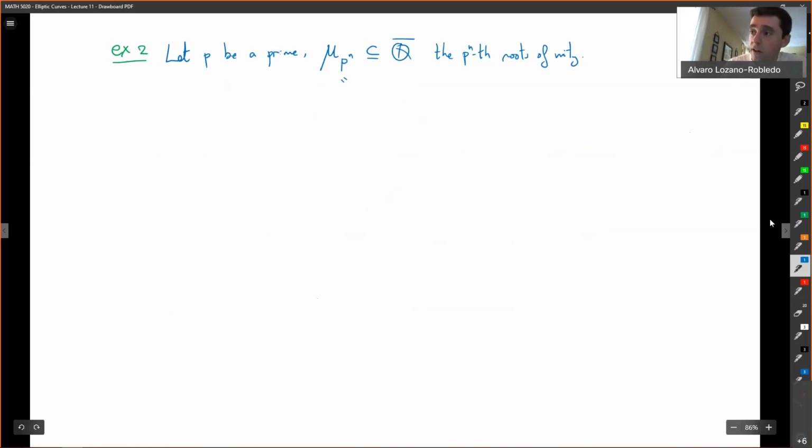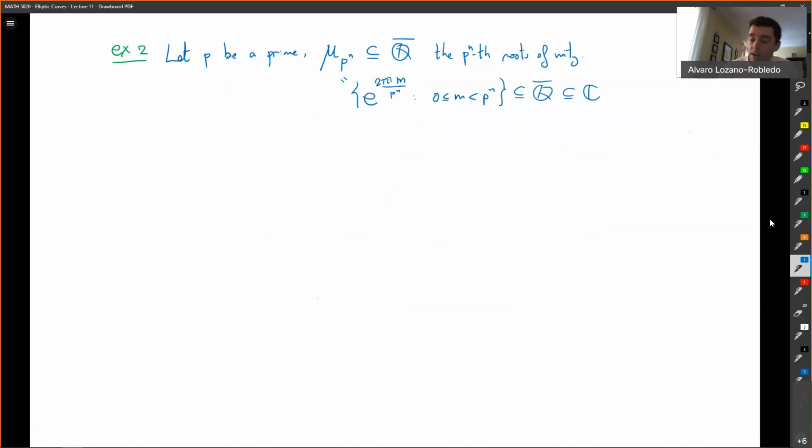You can think about them as e to the 2 pi i m over p to the n, if you're thinking of Q bar as inside the complex numbers, as those complex numbers.